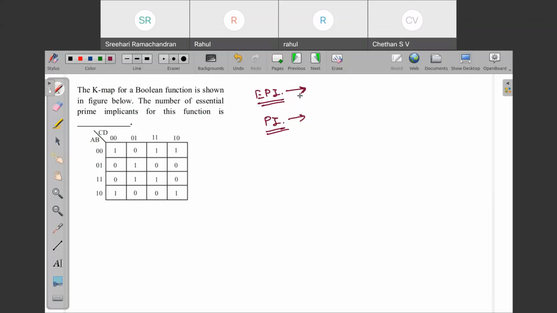Try to find this one first. So one quad is there, two pairs, no, it's three pairs. You just tell me the number of prime implicants and essential prime implicants in the chat.